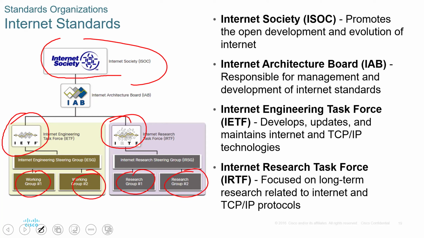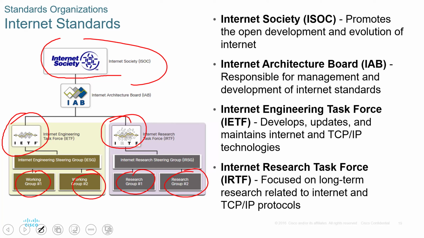These are different individuals or people that contribute knowledge to the growth and shaping of the internet. For instance, the Internet Architecture Board is responsible for the management and development of internet standards. There are different standards, and those are the people responsible for it.